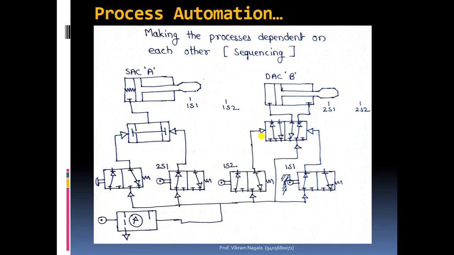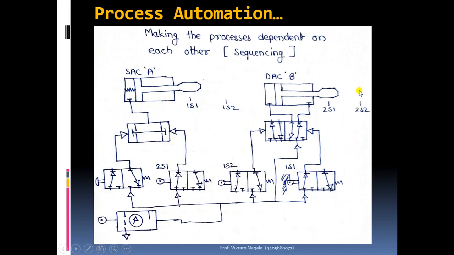So we have to take care of this requirement every time. Whenever this rod end is reaching the 1S1 position, this limit switch roller lever will get pressed, and it will apply the pressure on the right hand side. Since this rod end has already left the 1S2 position, there won't be pressure on the left hand side of the controlling valve.